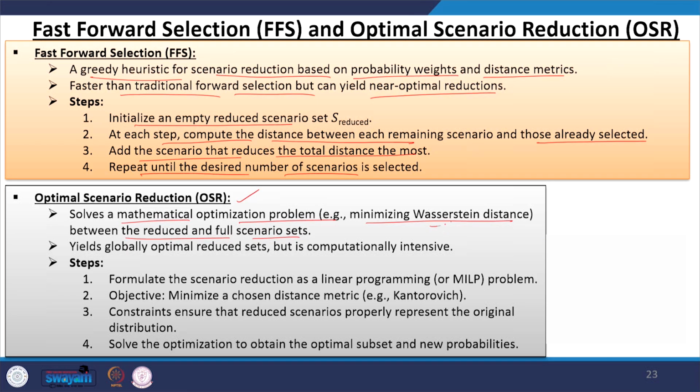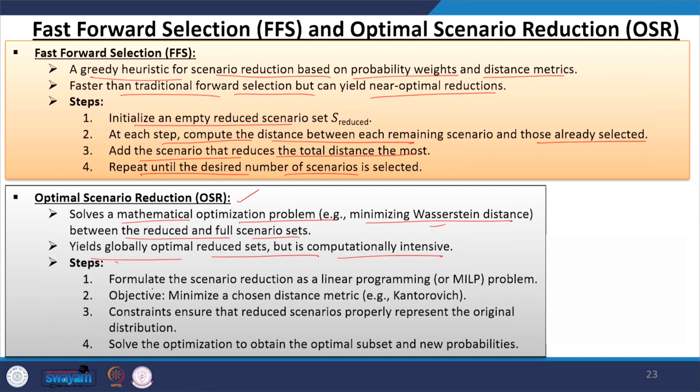So, you will minimize the total Wasserstein distance for that, and you will formulate that problem as a minimization objective function problem, and you will take the scenarios, your updated scenarios, as variables. So, it yields a globally optimal reduced set, but is computationally intensive because it will take time, and also you need to formulate the entire problem. So, that is a difficult problem. You have to formulate a constrained optimization problem to solve it. So, that is computationally a very strenuous job.